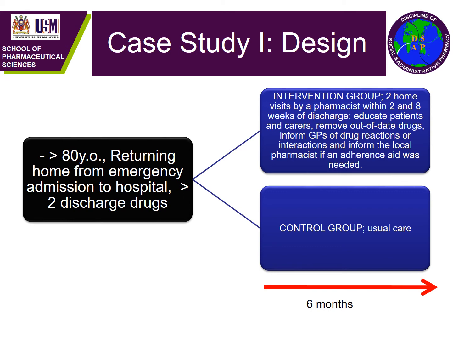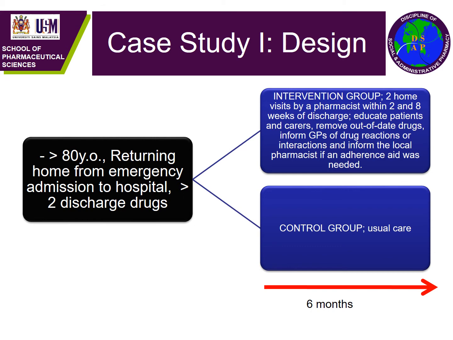In this study, they are looking at geriatric patients, patients more than 80 years old that are returning home from emergency admissions to hospital with at least 2 discharge drugs. They are comparing those who receive home medication-based review, the intervention group, who would receive 2 home visits by a pharmacist within 2 and 8 weeks of discharge.